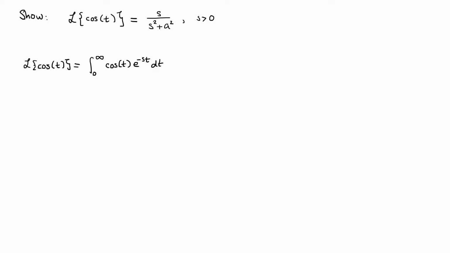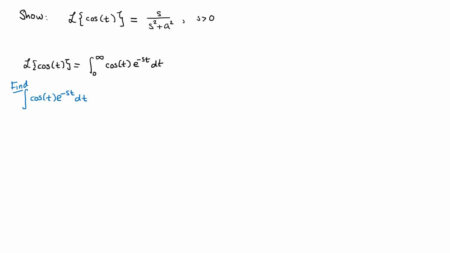Okay, so this integral isn't too bad. We are going to start just by calculating the antiderivative. So we're going to find the integral of cosine of t e to the negative st just to begin with. Okay. When you look at this, you can see that we have these two unrelated pieces multiplying together, and both of them are easy to integrate and differentiate.